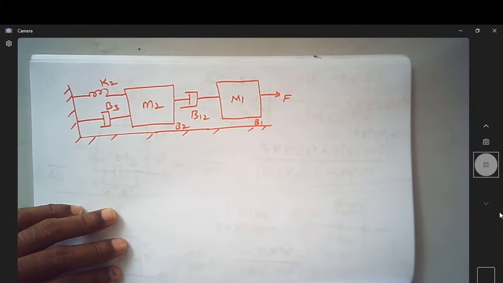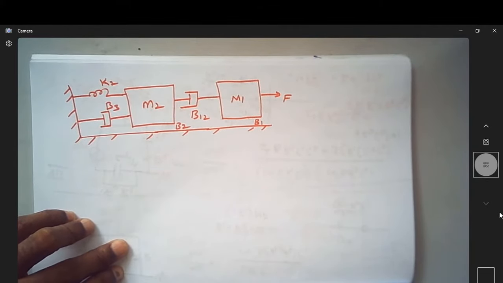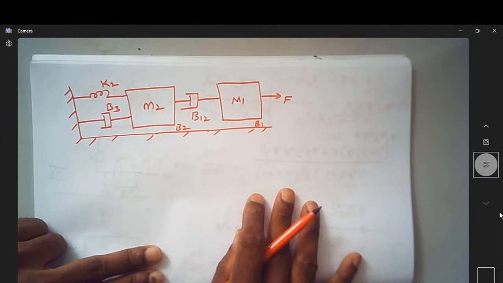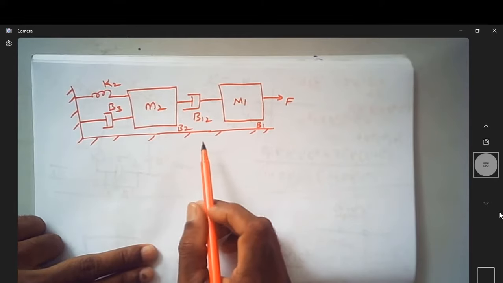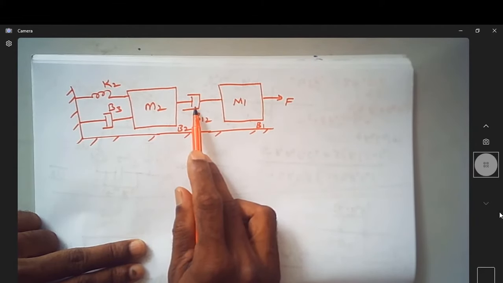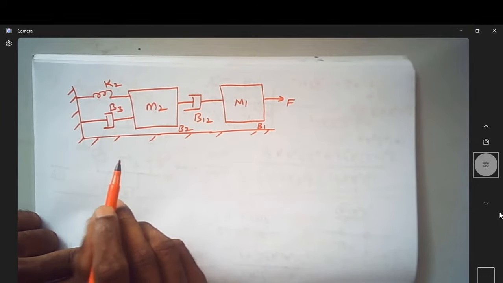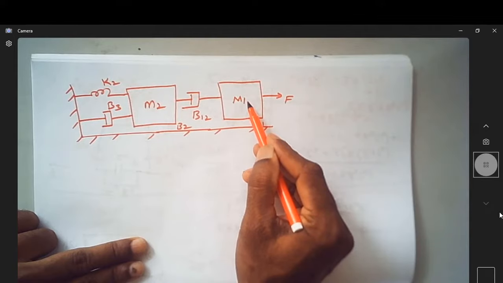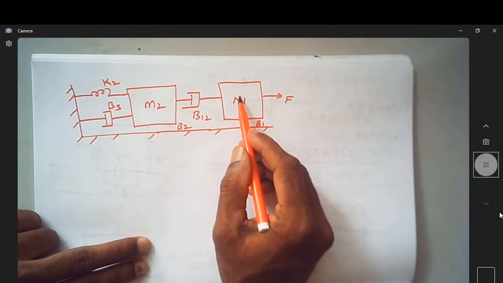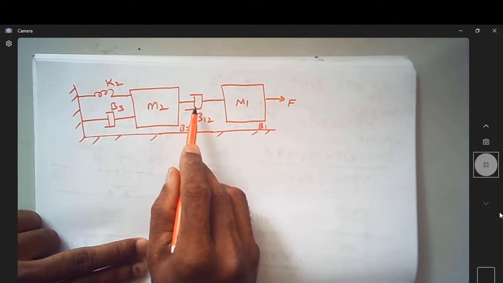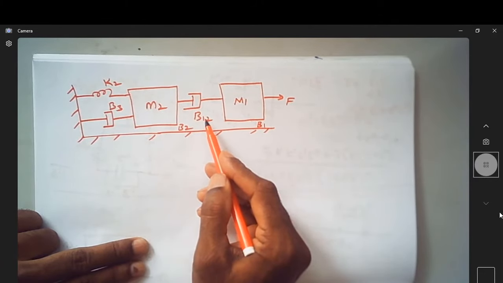In this video we will see how we model a mechanical system. We are considering a mechanical system represented by mass, friction and a spring constant. There is a force applied to mass m1, and this mass m1 is connected to mass m2 through a friction constant b12.